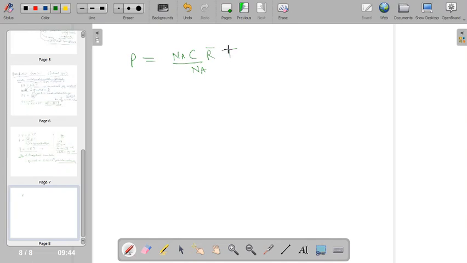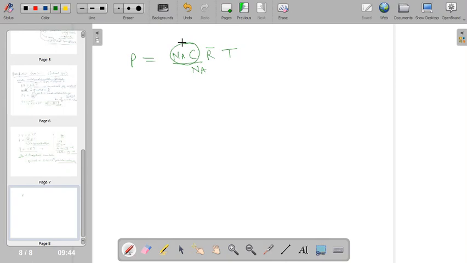Okay. So what I have done in the previous equation, which involves concentration, is multiply and divide by Na. Okay. So what is this Na into C? Na is the number of molecules per mole and C is the concentration of a gas. What will this form?